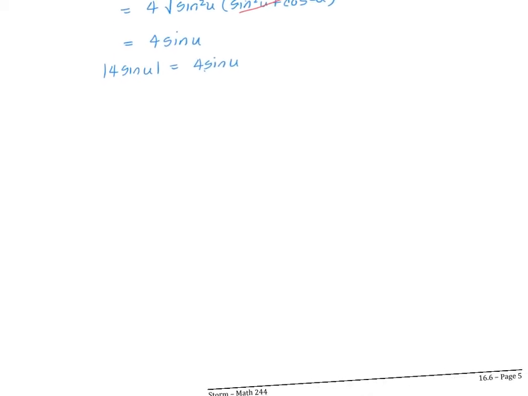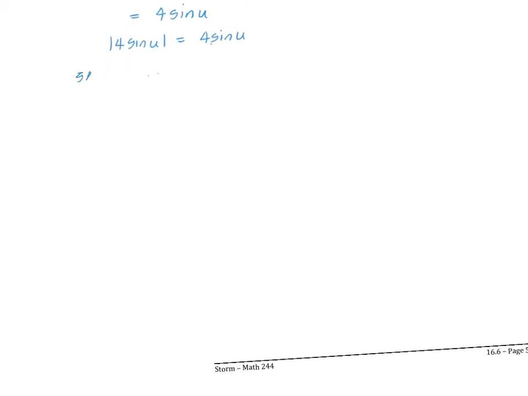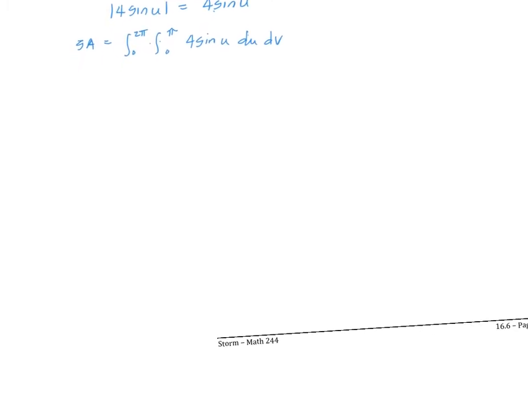Putting all of this together, I get the surface area, going back to my integral, 0 to 2 pi, 0 to pi of 4 sine u du dv, is going to be negative 4 cosine of u, 0 to pi dv.